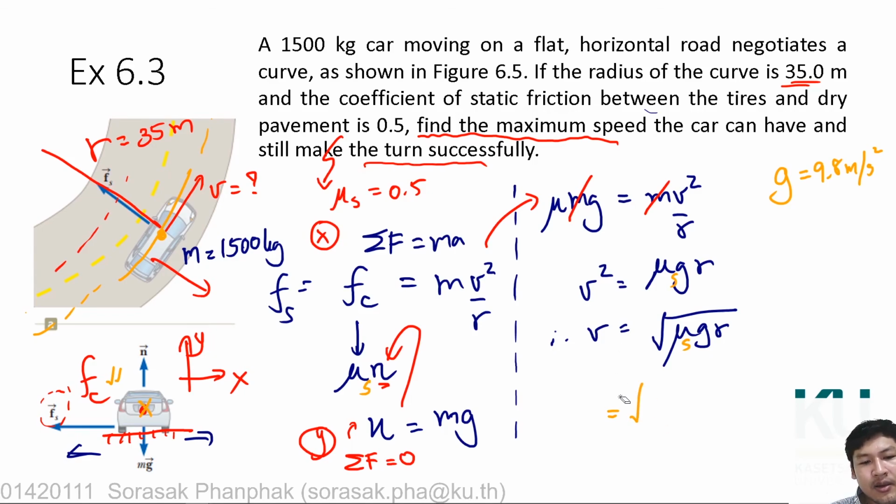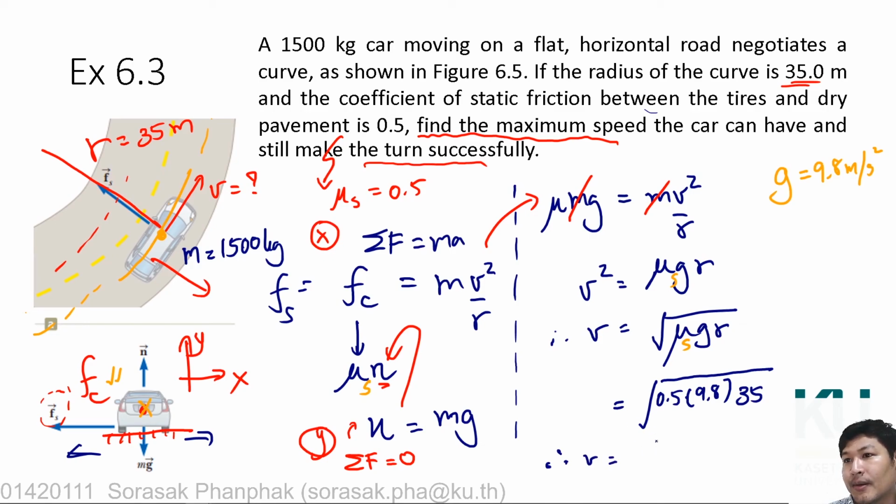So you get v equal to the square root of mu, which is 0.5, times g, which is 9.8, times r, which is 35 meters. Finally, you get the velocity equal to 13.4 meters per second.